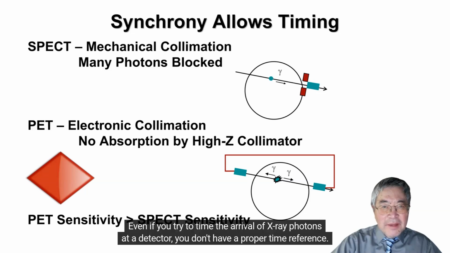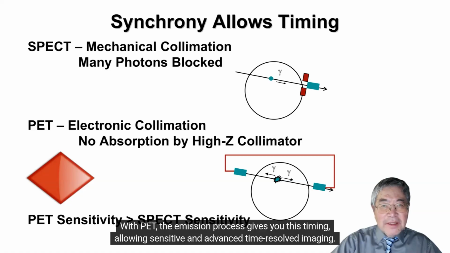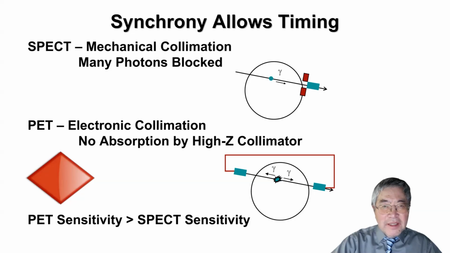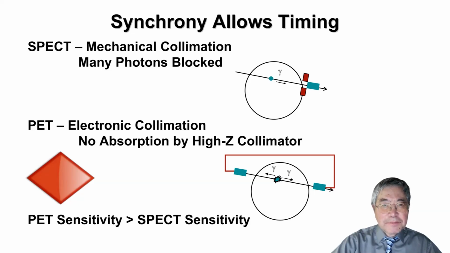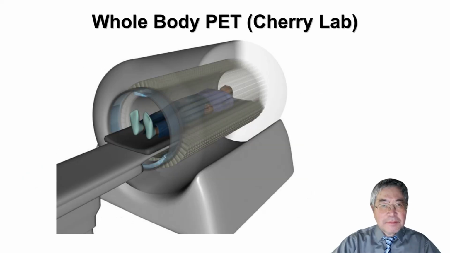Even if you try to time the arrival of X-ray photons at a detector, you don't have a proper time reference. With PET, the emission process gives you this timing, allowing sensitive and advanced time-resolved imaging. This is a crucial, elegant concept behind PET technology.